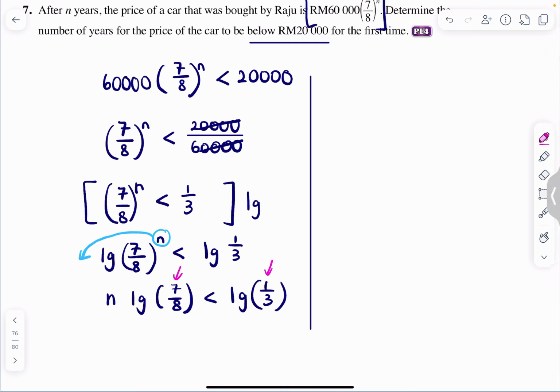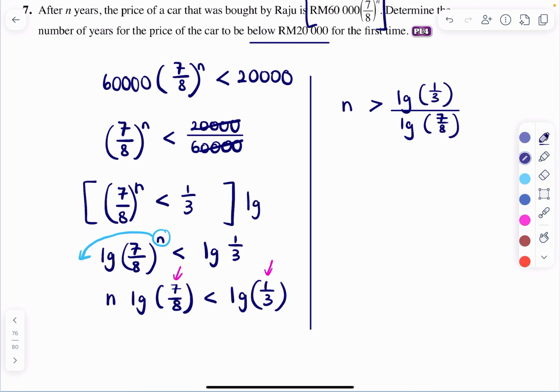So when we bring this over to become divide, since we are dividing by a negative number, the symbol will change. So the working will look something like this. n is more than log 1 over 3 over log 7 over 8.